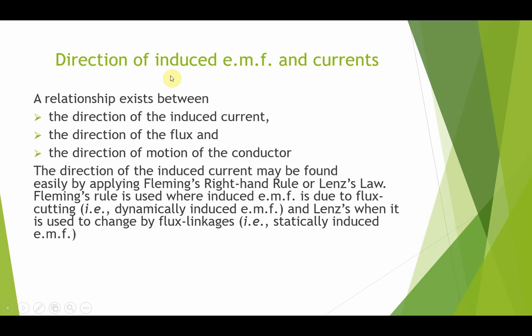Now, what is the direction of induced EMF and current? Due to change in flux, EMF is set up and current flows, so what will be its direction? A relationship exists between the direction of induced current, the direction of the flux, and the direction of motion of the conductor.